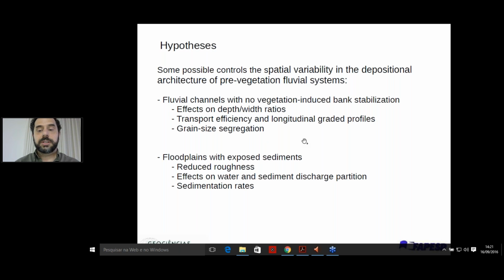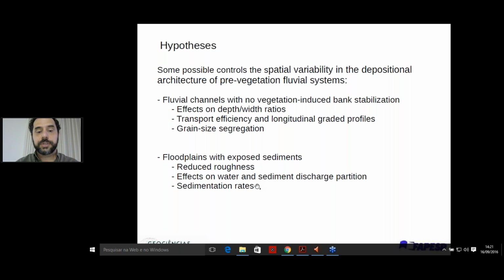In the same direction, floodplain processes, of course, would be quite different, and the reduced roughness on floodplain surfaces would lead to increased water discharge and sediment input, just like we saw in the talk just before me.